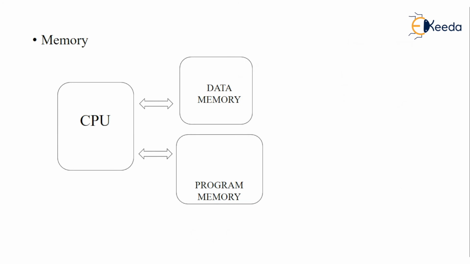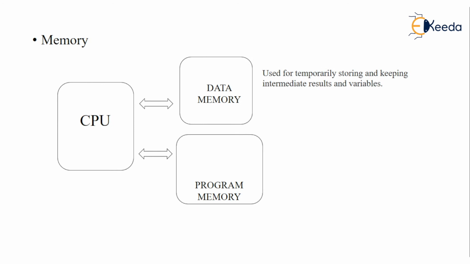Then we'll see the memory organization. A microcontroller comes with inbuilt memory, but the memory is divided into two parts: data memory and program memory. Data memory is where data is stored temporarily, keeping intermediate results and variables. For example, in the ALU block we saw the addition of two numbers.